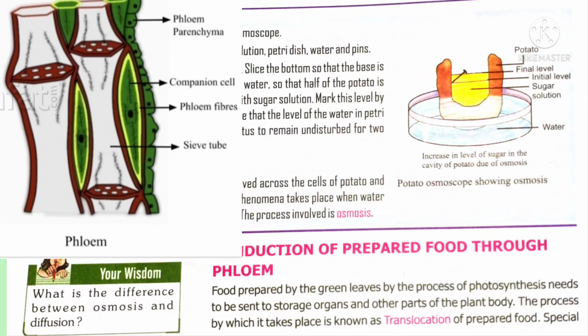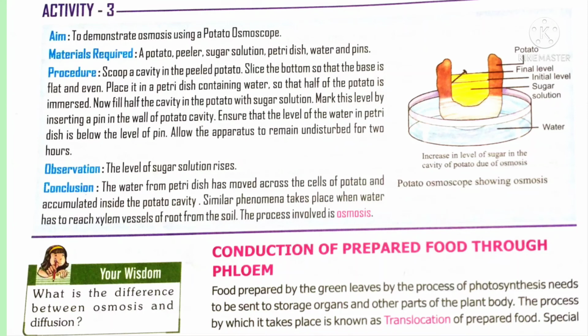These cells are all present in phloem. These cells together perform a single function, that is carrying food materials to different parts of the plant. Because of this activity of the phloem, a group of cells, we can say this phloem is a tissue. So this phloem is called tissue.